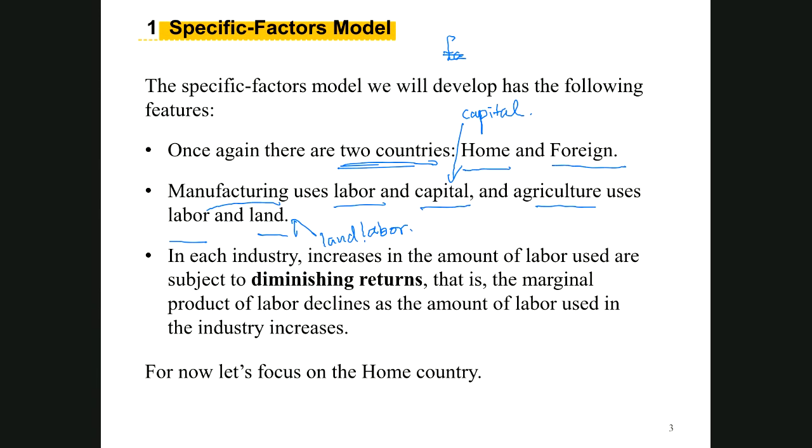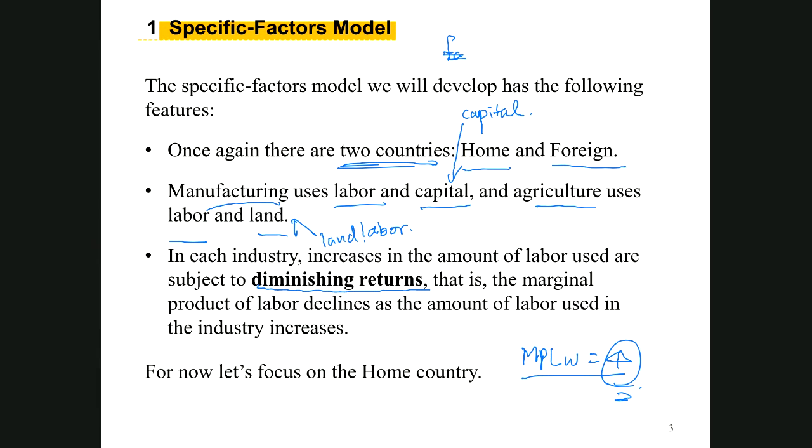Okay? And the next point is probably the most important thing in comparison with the Ricardian model. So in the Ricardian model, we assume what? Do we assume diminishing returns? We assume that each unit of labor's production is constant, right?